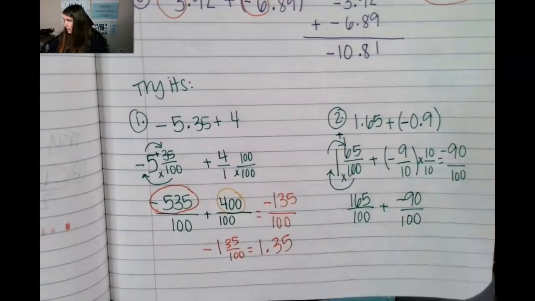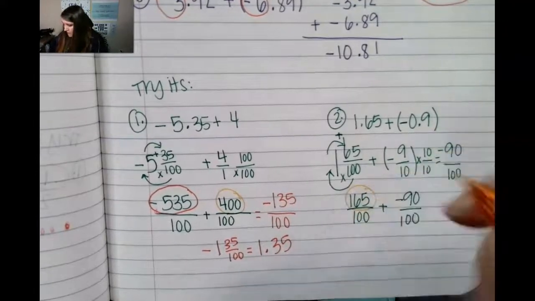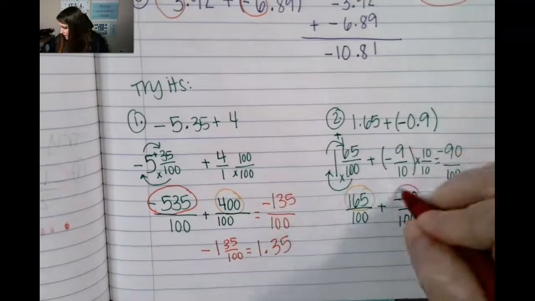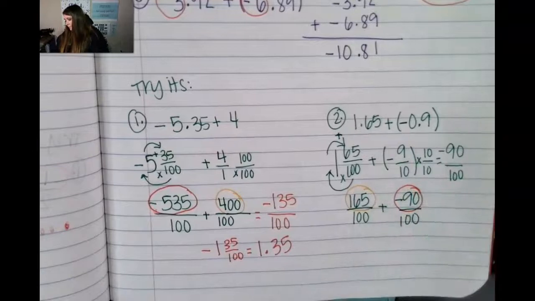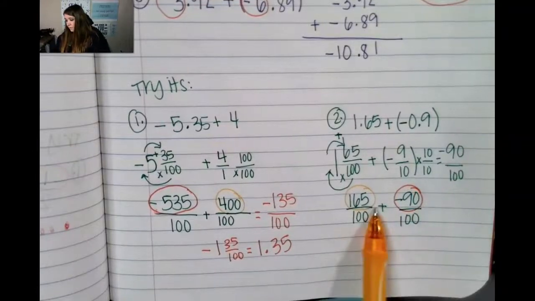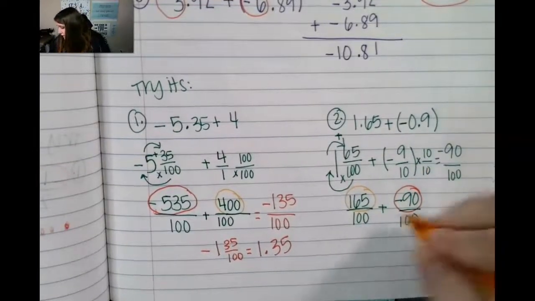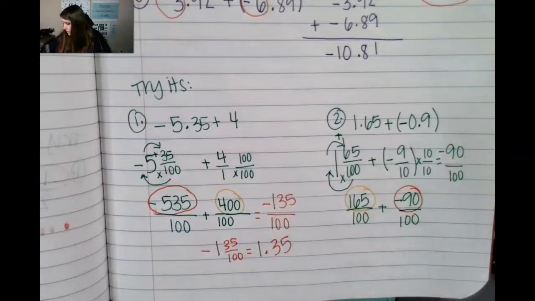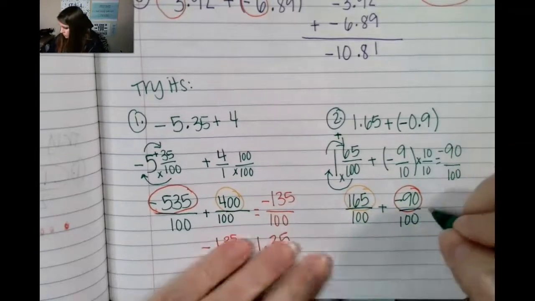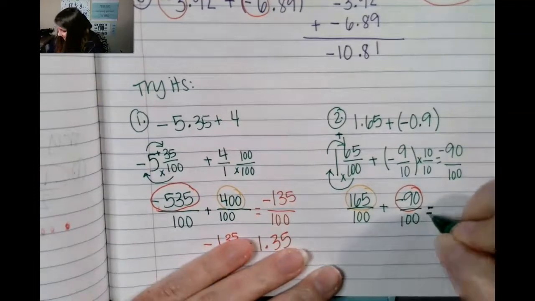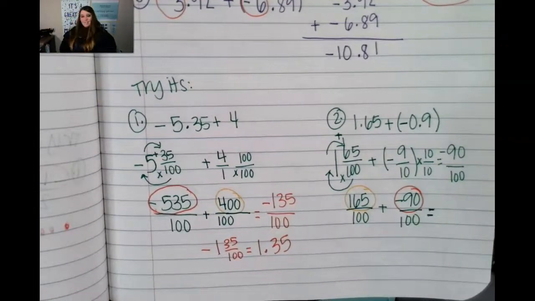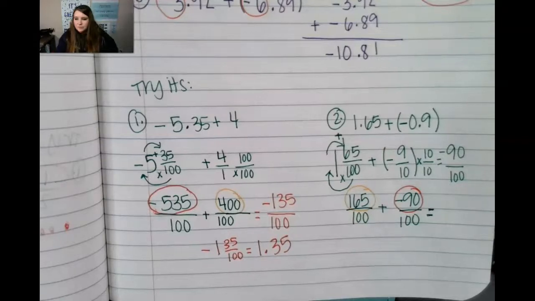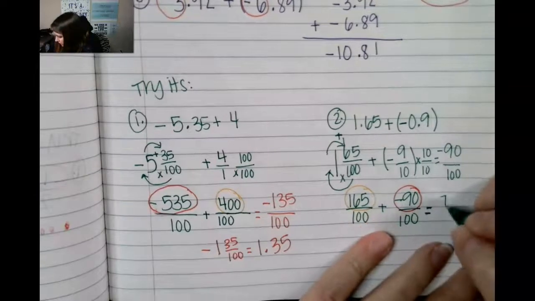All right, so I have 165 yellows, and I'm going to add on a -90. Okay, or I'm essentially removing 90 yellows. So when I remove 90 yellows, there's so many colors here. So when I remove those, I get 75/100ths.